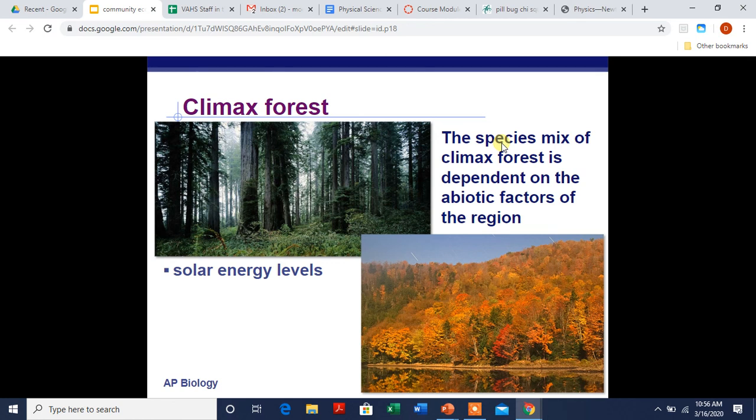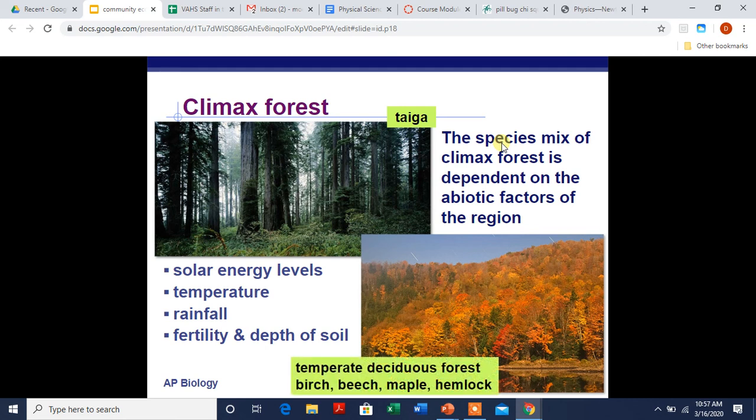And the more rich, loamy soils fertilized by the glaciers are why you get those deciduous forests more in southern Wisconsin. So things like solar energy, temperature, rainfall, fertility and depth of the soil are all examples of abiotic factors that determine the species mix of a climax forest. So on the top, that's a taiga, and on the bottom, a temperate deciduous forest like we would have here in southern Wisconsin.